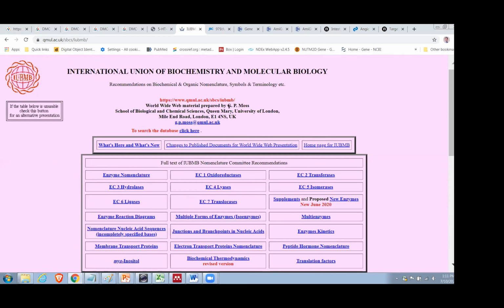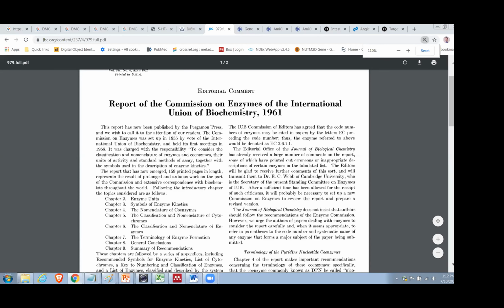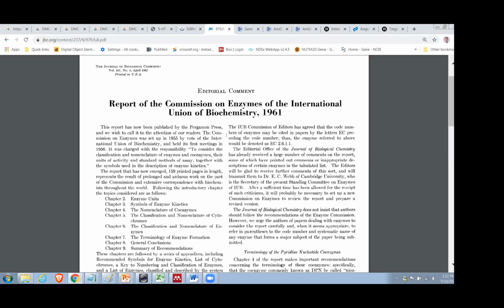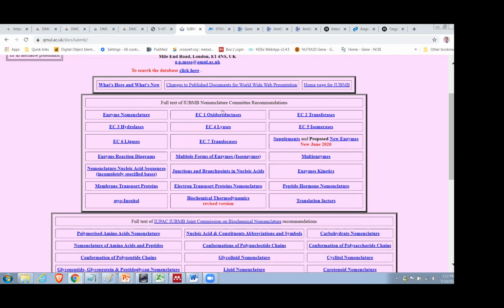One of the other classifications that has actually been around since 1962 is the International Union of Biochemistry, and this was the first effort to really impose some sort of order onto the classification of enzymes, and their work in basically organizing enzymes into 6 or 7 major high level classes is what we used for SPP.